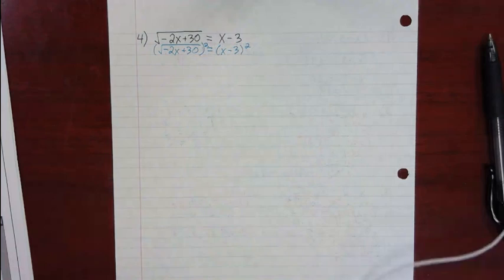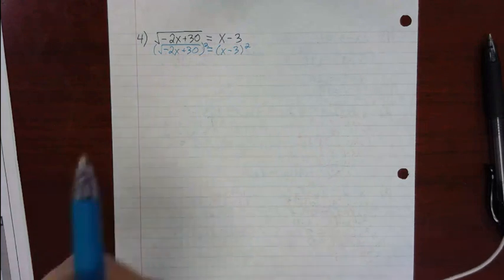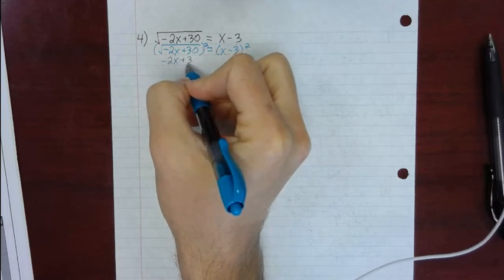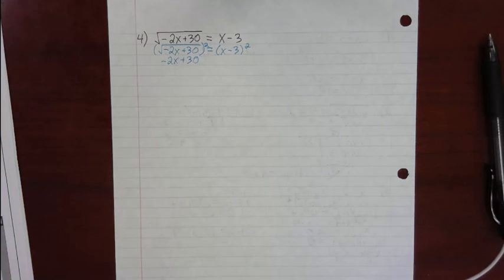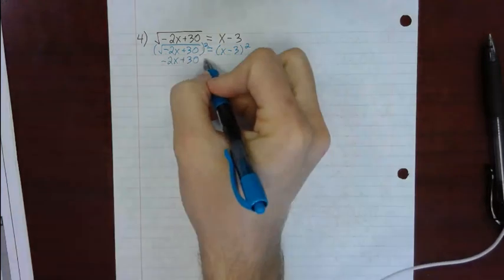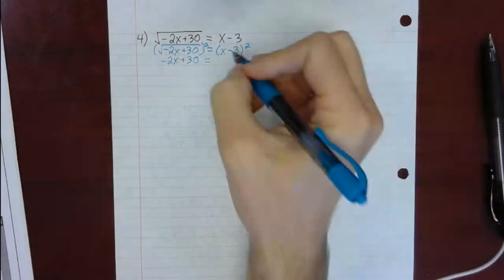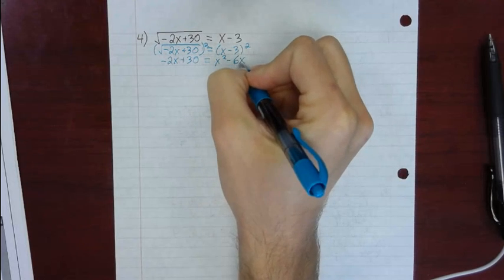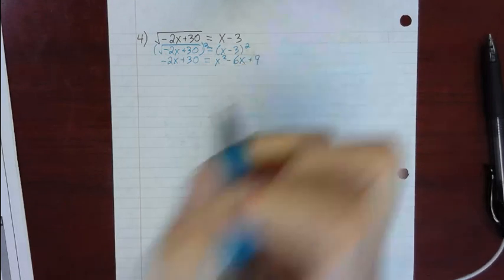And so we have that result right there. So now we can write negative 2x plus 30. The square root and square cancel each other out. And now we have x minus 3 times x minus 3 would eventually give us x squared minus 6x plus 9 as an answer.